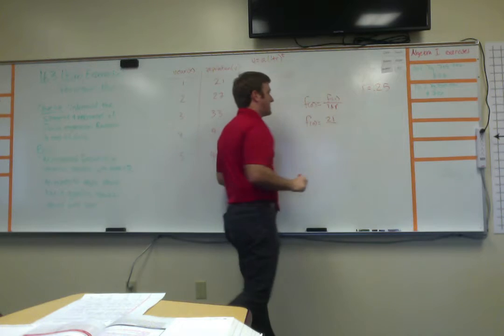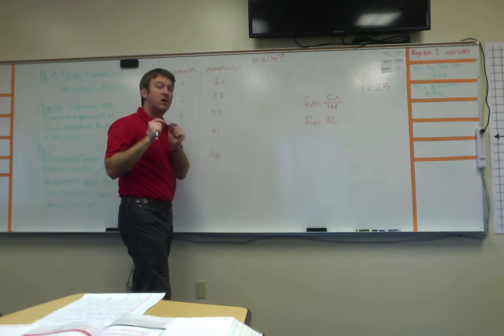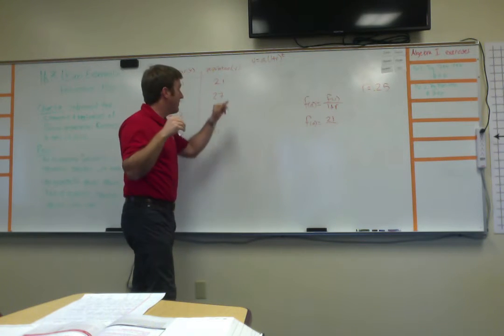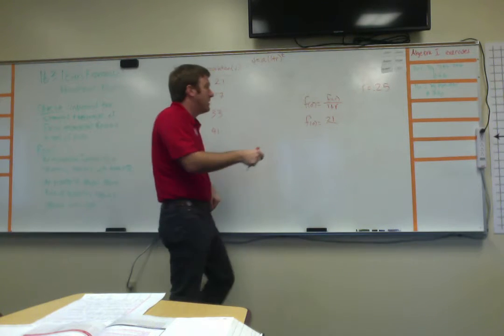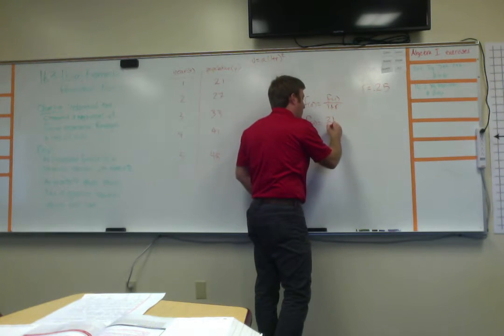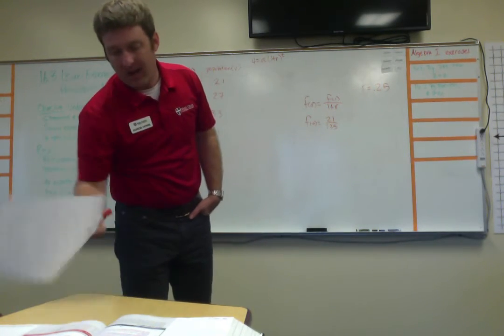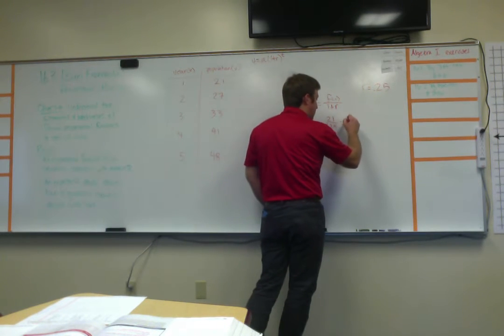Because to get from f of 0 to f of 1, I multiplied by 1 plus r, because if I went up by 25% of f of 0, then this value is 1 plus 25% of f of 0. In this case, f of 1 is 21. So I'm going to divide 21 by 1.25. Okay? So 21 divided by 1.25 is 16.8.